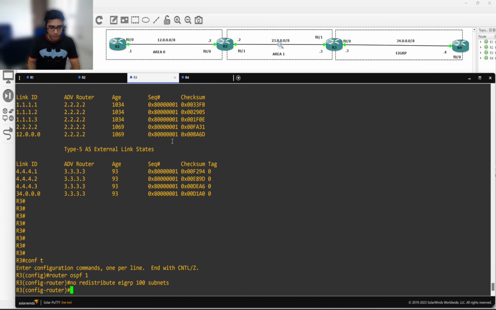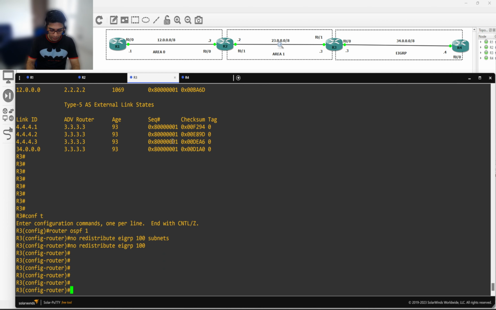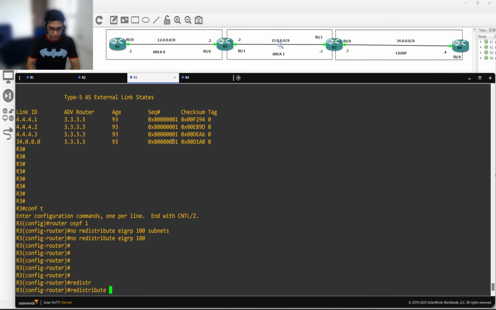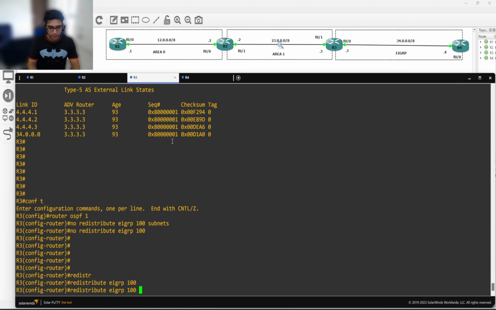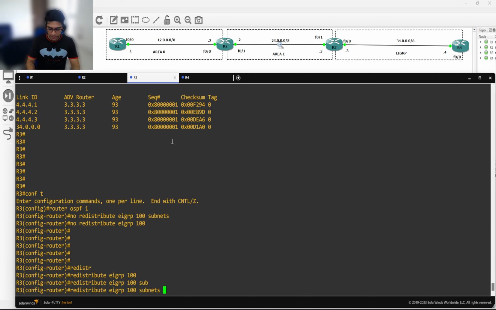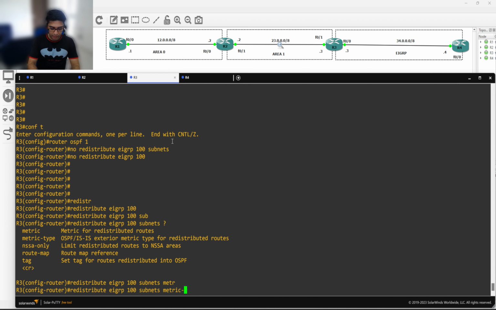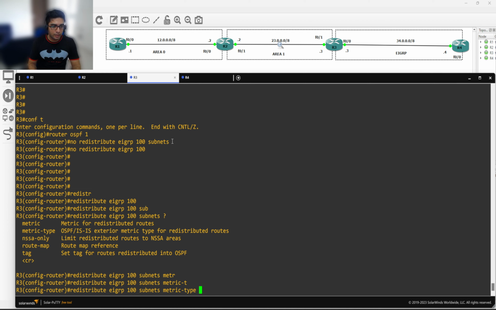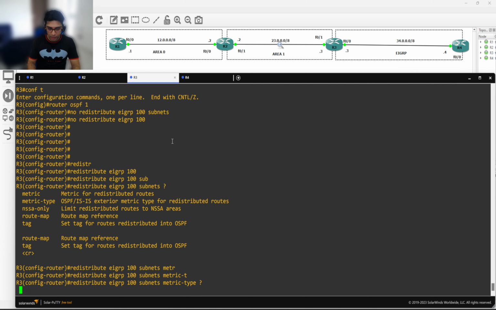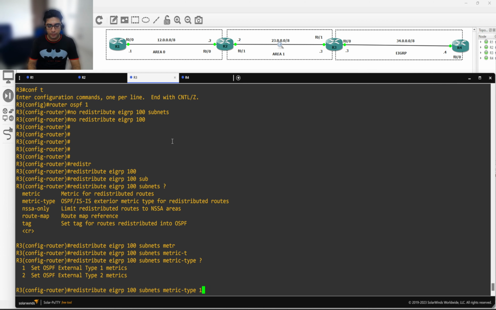No redistribute EIGRP subnet, no redistribute, right? Now let me again redistribute EIGRP 100 subnets. Now you can see metric type, right? Metric type, I will say it as metric type 1.